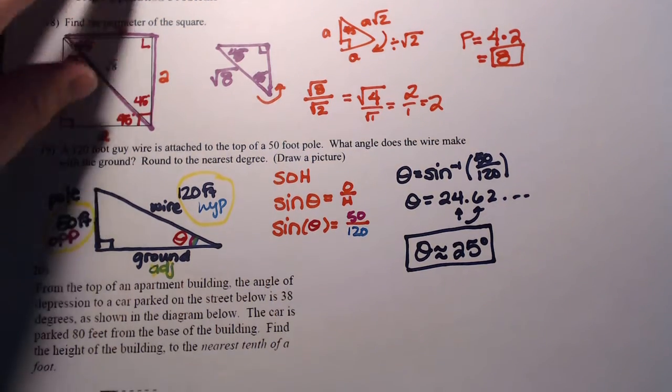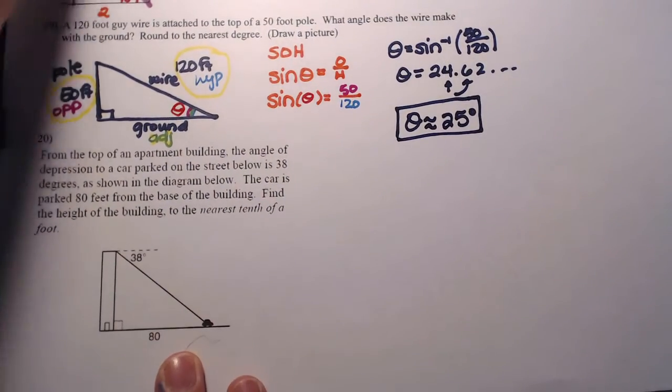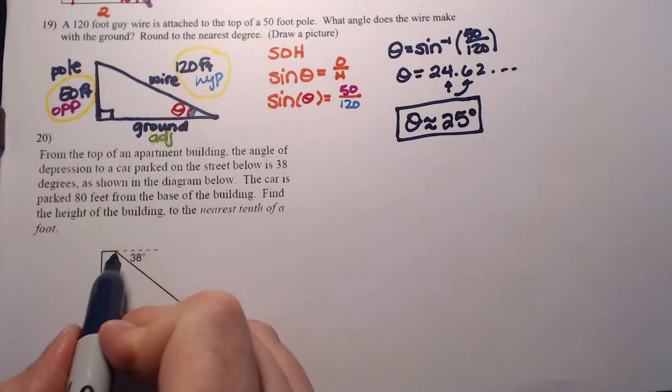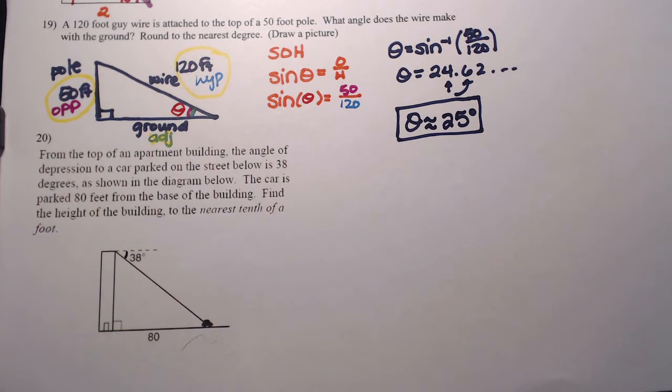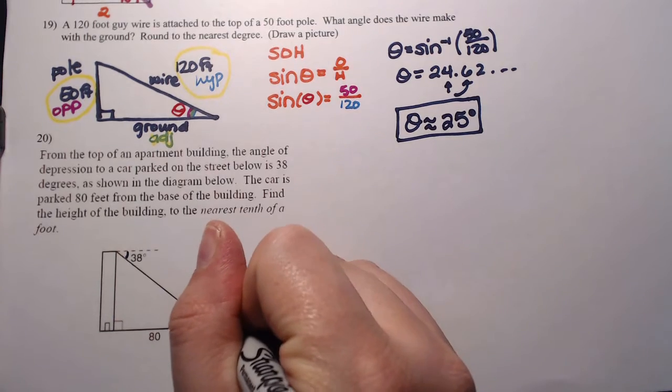Okay, and then the last one, from the top of an apartment building, the angle of depression, so that's this angle right here, to a car parked on the street below is 38 degrees. So it's marked. The car is parked 80 feet from the building, from the base of the building. Find the height of the building. Okay, so sometimes it's helpful to label things.